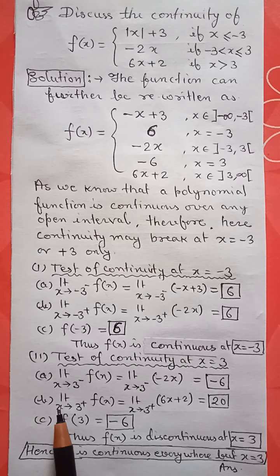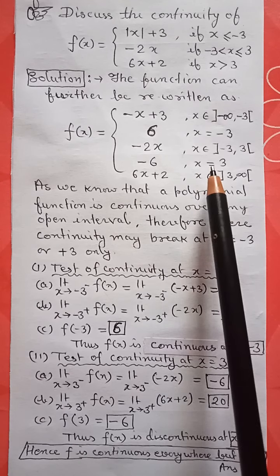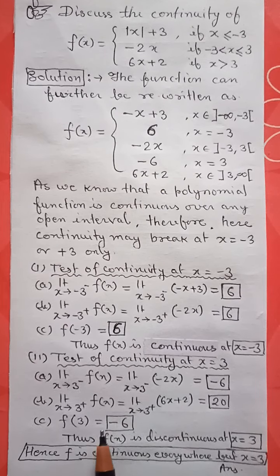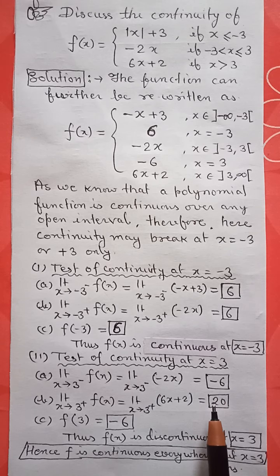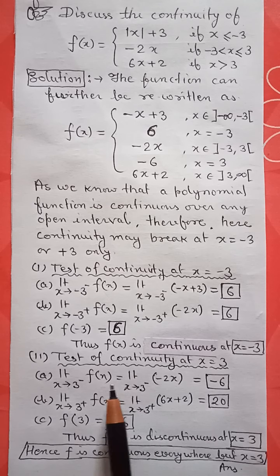Similarly, you can evaluate the right hand limit, and this is going to be 20, and the value of the function at 3 is -6. You can see here that all of them are not equal. Here the left hand limit is -6, right hand limit is 20, value of the function is -6.